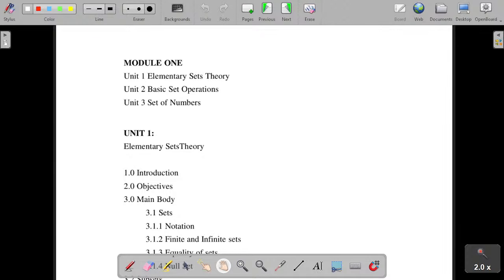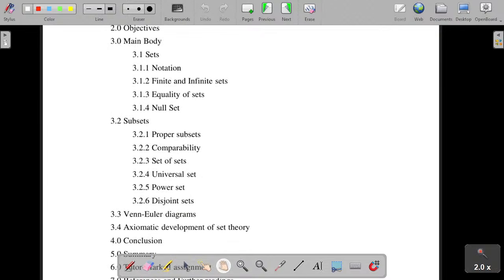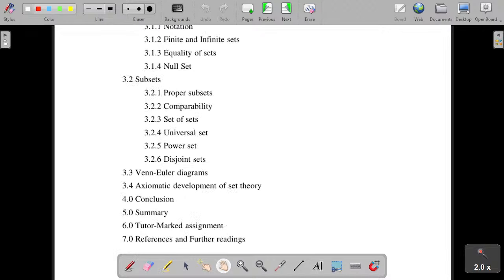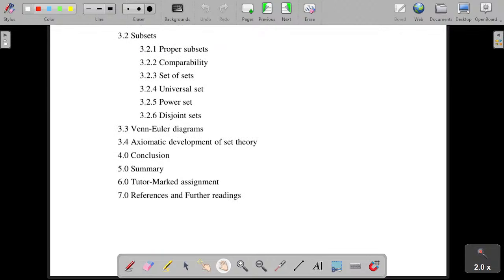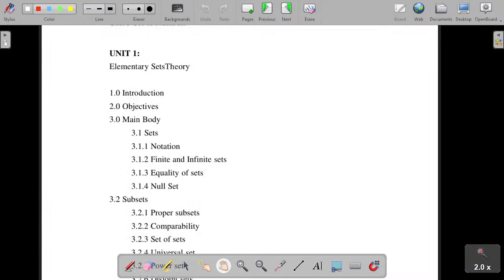Then in unit 1, we have introduction, sets, notation in set, finite and infinite set, equality of set, subset, proper subset, comparability, set of sets, universal set, power of set, disjoint set. We have Venn diagram, axiomatic development of set theory, then conclusion. That is module 1.